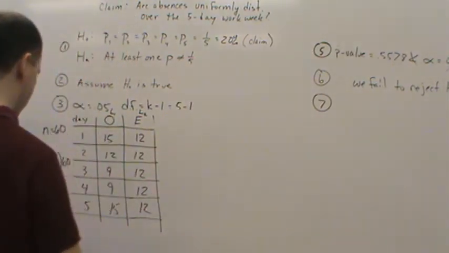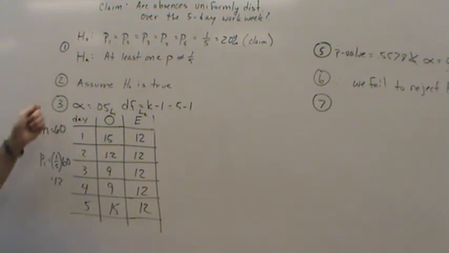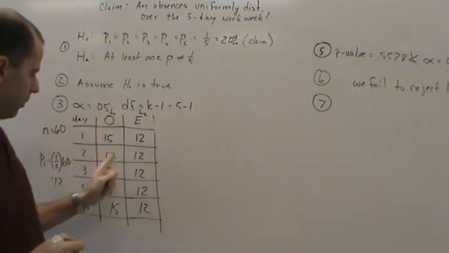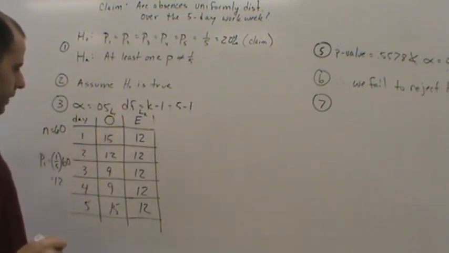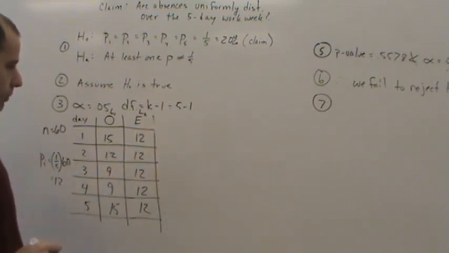But we do need this. So at step 3, we still need this information here, and we still need to put our two lists together in the calculator. And we still need to check everything. Still need the degrees of freedom.